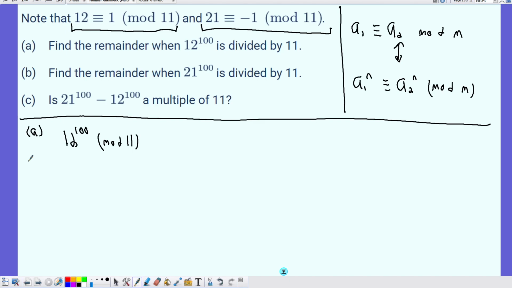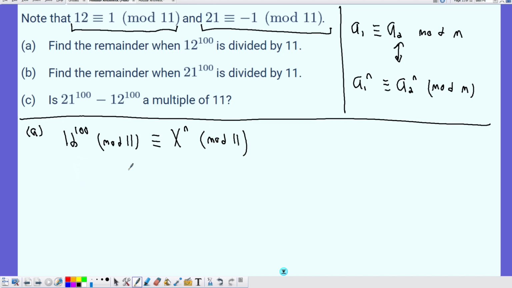According to the exponentiation property, let's say, for example, this is congruent to x to some nth power mod 11.